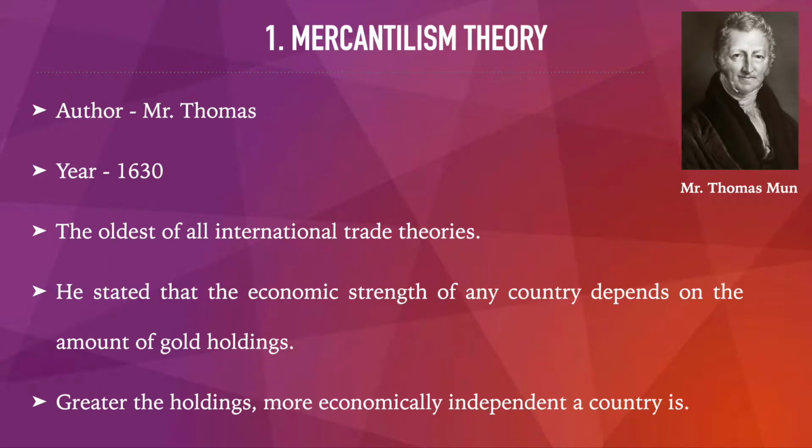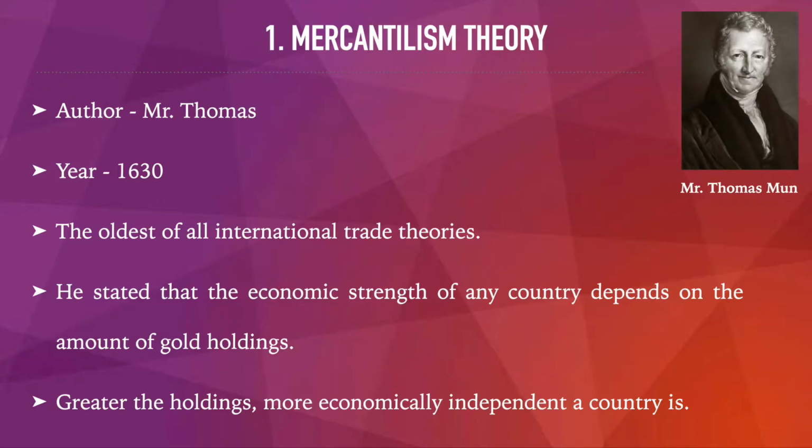First things first, since there are 8 theories in this first chapter, let's understand the authors of each trade theory. So mercantilism theory was the oldest of all theories on the list, and it was given by Mr. Thomas Mun. He was the person who started this theory of mercantilism, and it was given in the year 1630.